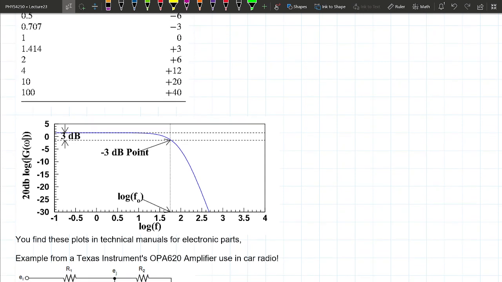So that's what these plots will look like. Let me describe what the values here are. Let's say the frequency of my signal is 1 hertz. Log of 1 is 0, so that's a very low frequency signal.